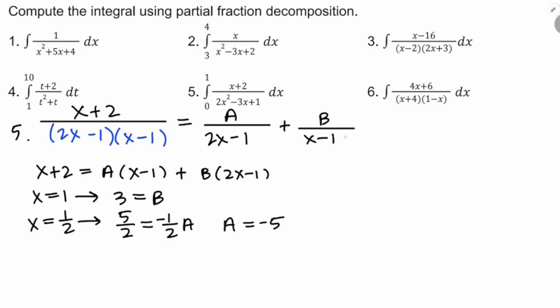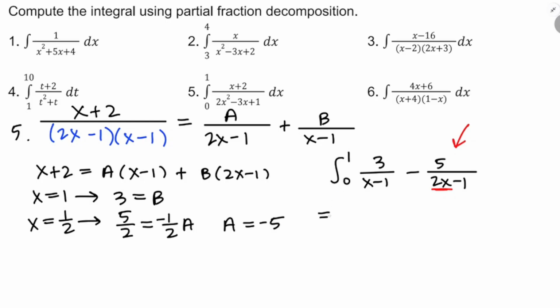And I'm integrating this from 0 to 1, so integral from 0 to 1 of A is negative 5, so minus 5 over 2x minus 1. B was 3. That goes over regular x minus 1. Okay, so once again, I'm going to need to be careful on that term because of the 2x there.